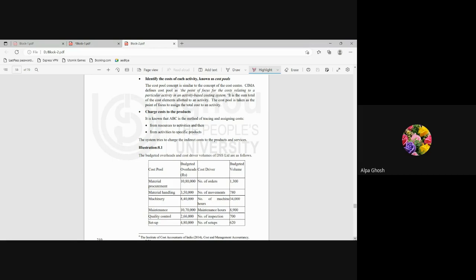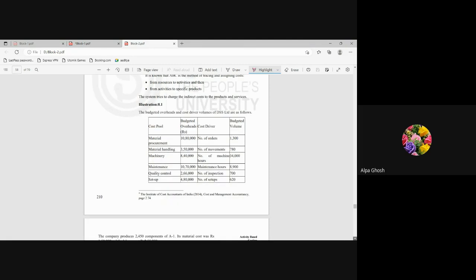Material handling is 3,50,000, and the number of movements for material handling is 780. Machinery is 8,40,000, with machine hours of 34,000. Then maintenance hours, quality control with number of inspections, and setup with number of setups.